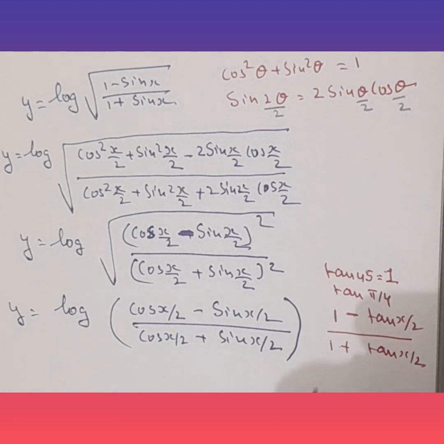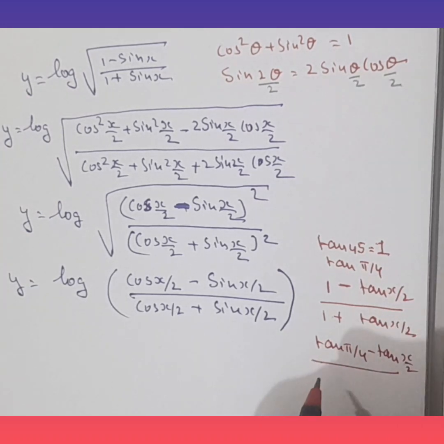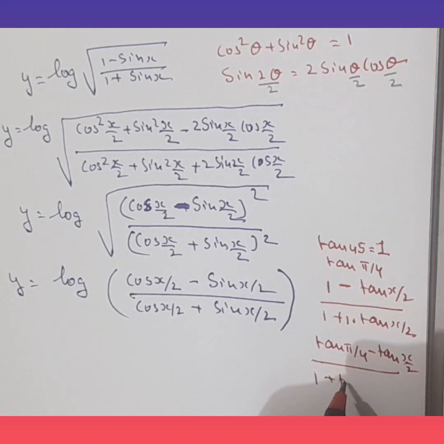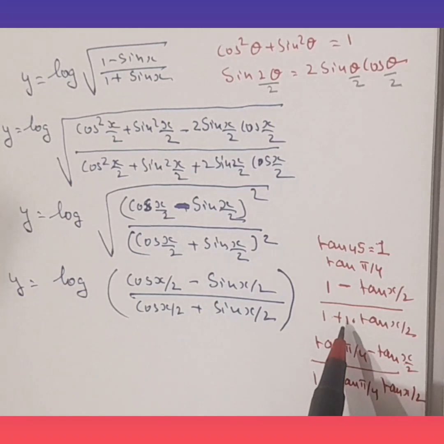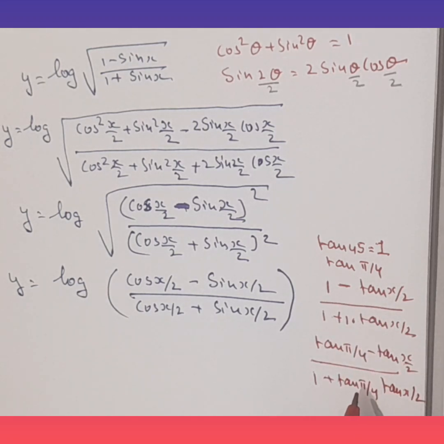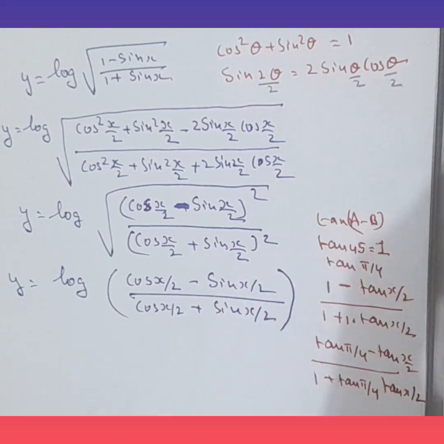So if I write here tan pi by 4 minus tan x by 2 upon 1 plus, now this I can also jolly well write as 1 into, so that would be tan pi by 4 tan x by 2. Why did I write here 1? Because it's not going to change the meaning, but it's going to help us convert this into a formula. So obviously this is the formula for tan a minus b.